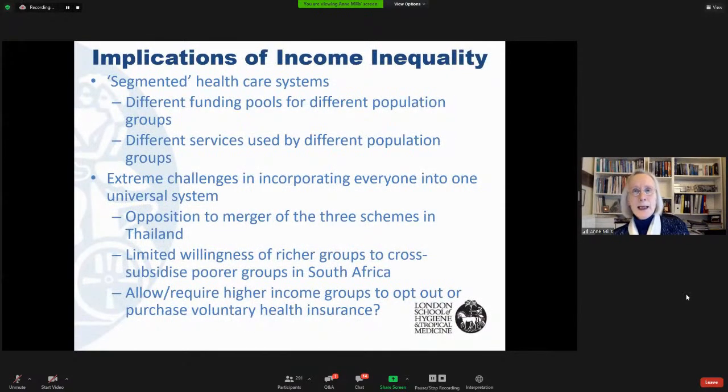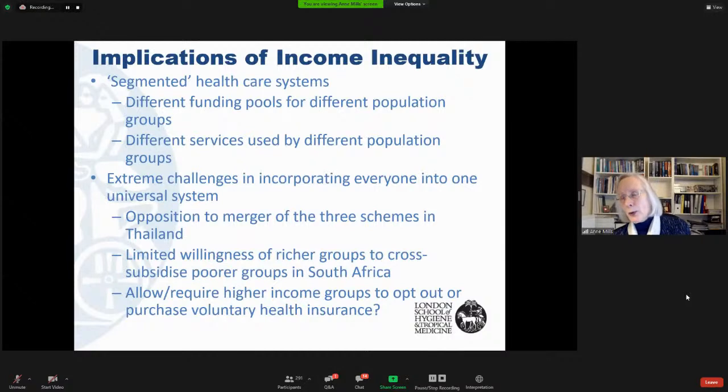In terms of income inequality, some of the implications of that, one is the segmented healthcare systems I've referred to already, the fact that there are different funding pools for different population groups and different services used by different population groups.